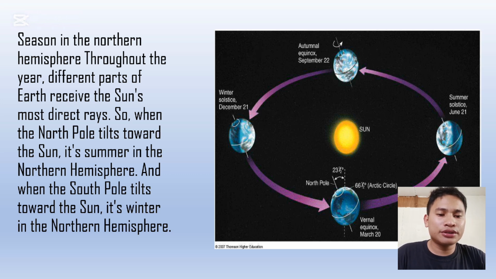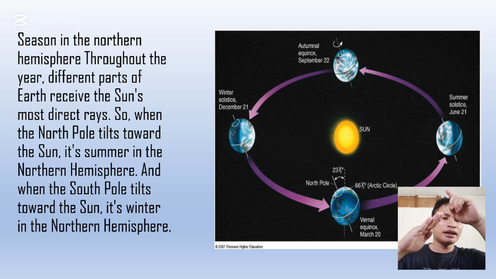When the North Pole tilts toward the sun, mo-tilt o mo-takilid ang ato earth sa sun in 23.5 degrees. So pag maka-tilt siya, which is most directly an North Pole, pag maka-tilt siya sa sun, mag-summer siya sa northern hemisphere.